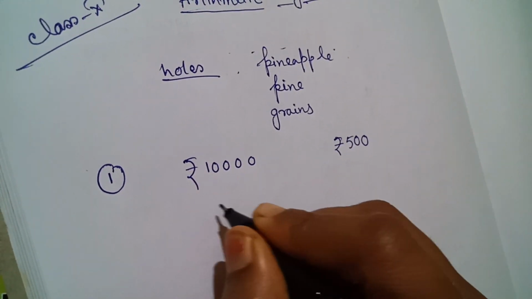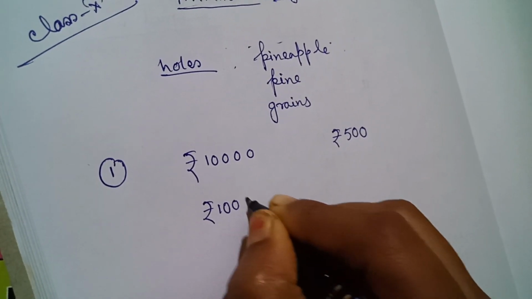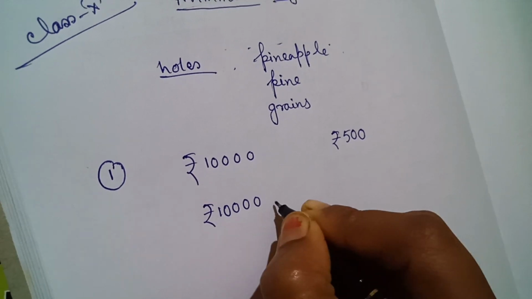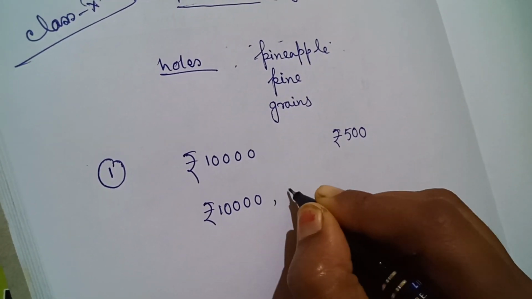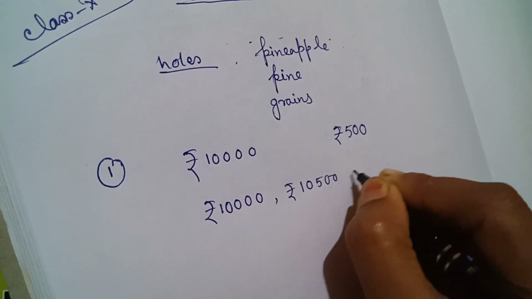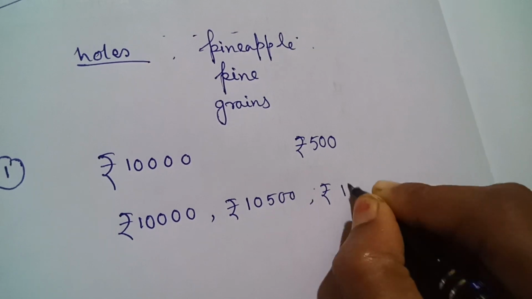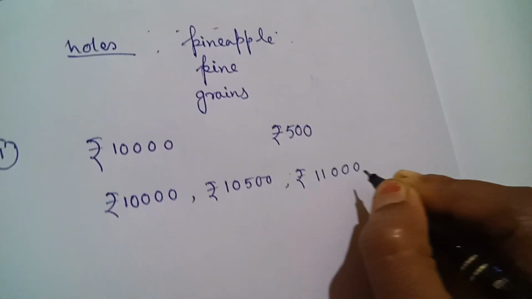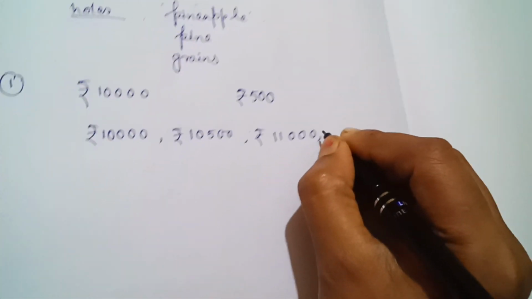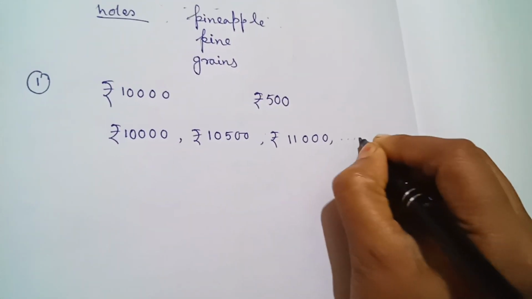Then we can have a pattern like the salary structure. This is the first starting salary, and in the next year it will be 10,500, and in the next year it will be 11,000, like this. So it will be going like this, right? And dot dot dot.